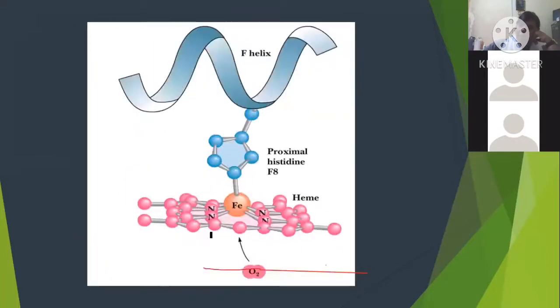Okay, this is another picture which shows you the F helix containing the proximal histidine, or F8 or histidine 93, right? This is the amino acid which binds to the iron atom of the porphyrin ring. So porphyrin ring ನೋಡಿ 4 nitrogen ಇರುತ್ತೆ, pyrrole ring ಇದಾವೆ, 5th one is with here and 6th one is with here, oxygen.